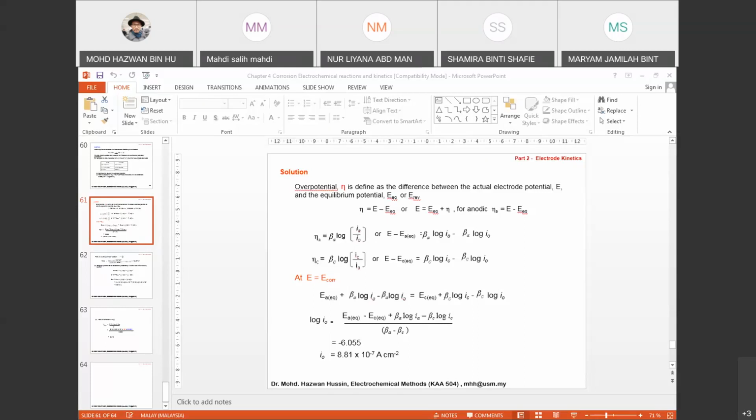I think the potential value provided over there is for nickel and also for hydrogen, right?